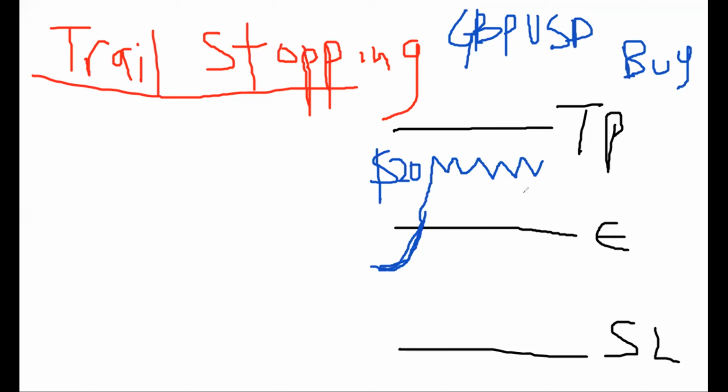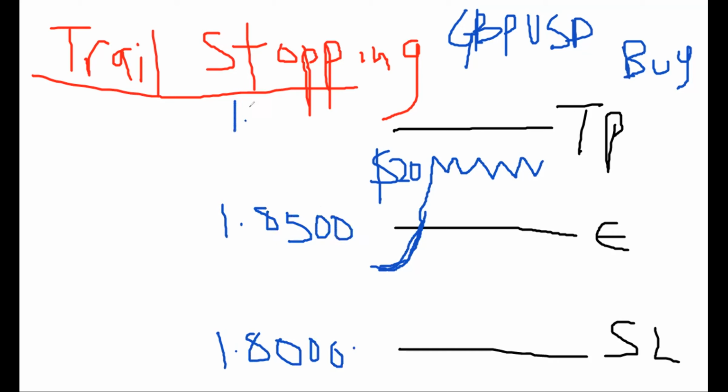So what do you do? Let's say your stop loss has a value of 1.8000, your entry is 1.85, and let's say you have 1.9000.